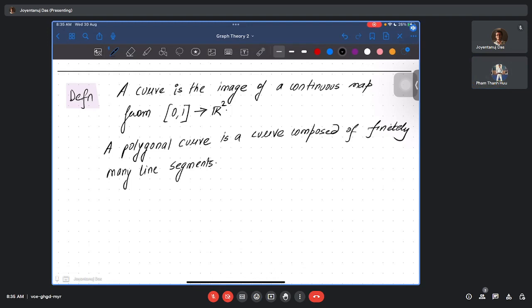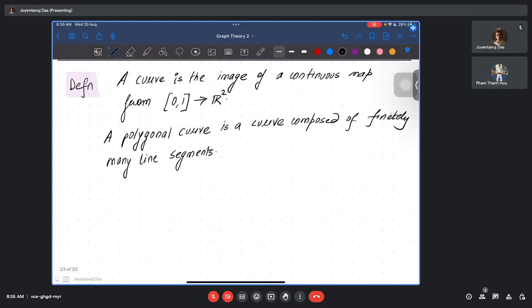It is called a polygonal UV curve if it starts at U and ends at V.